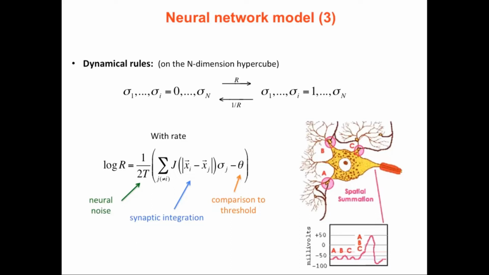This is what you have learned from biophysics of neurons 101, for instance the Hodgkin-Huxley model. Obviously what I'm describing now is an oversimplified version of the Hodgkin-Huxley model. It is much simpler, but it captures the main ingredients that you would expect for a real neuron, that is summation of input from other neurons, and then a nonlinear phenomenon which will decide whether a spike is emitted or not.